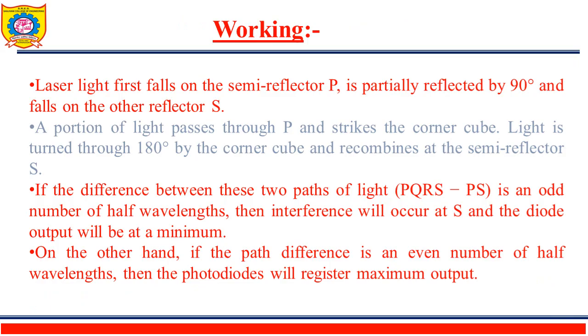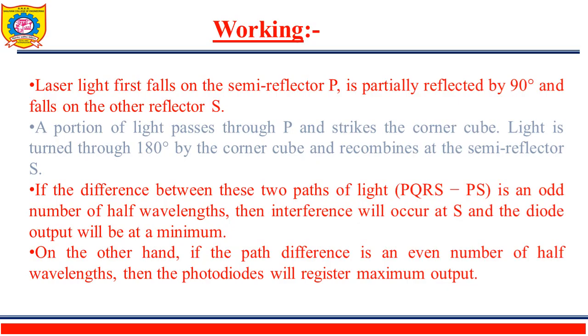Working: laser light first falls on the semi-reflector plate P, where it is partially reflected by 90 degrees and falls on another reflector S. A portion of light passes through P and strikes the corner cube. Light is turned through 180 degrees by the corner cube and recombines at the semi-reflector plate S.